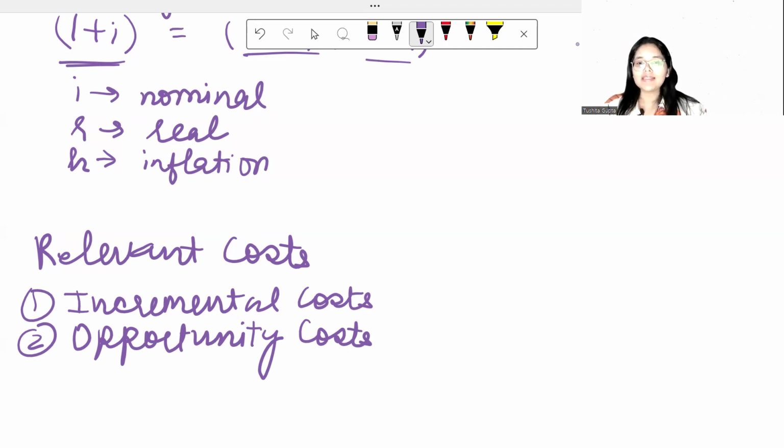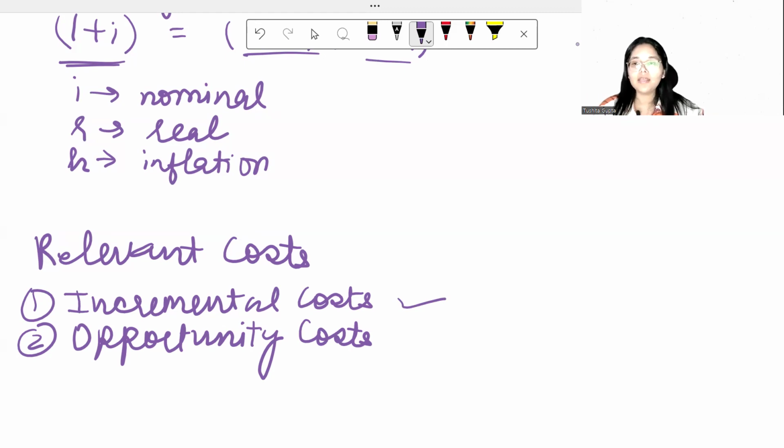Let's suppose I'm going towards a new project. Because I'm going into this project, I need a new warehouse to store this inventory. As of now, my inventory needs are totally met by my current warehouse. But only if I take up this project, I need to rent out this additional warehouse because the number of units are going to increase. Because this is something additional, extra, only because of the project, it will be considered as a relevant cost. This is what you mean by an incremental cost.